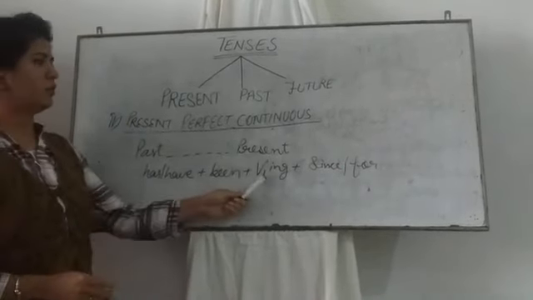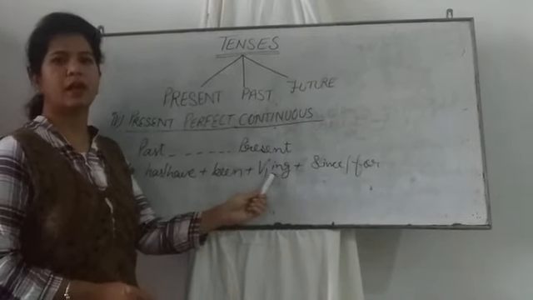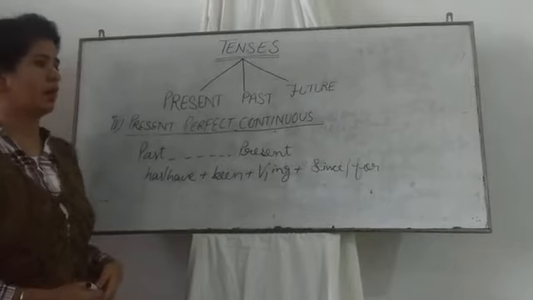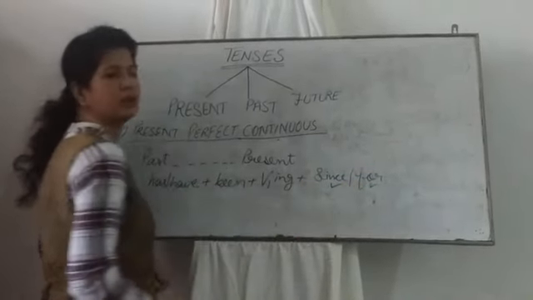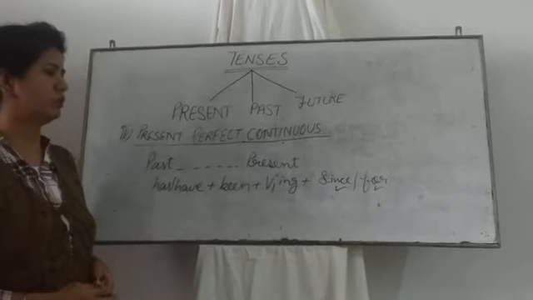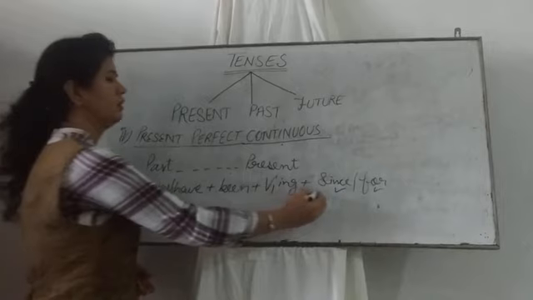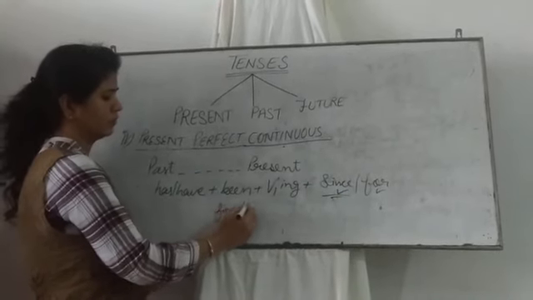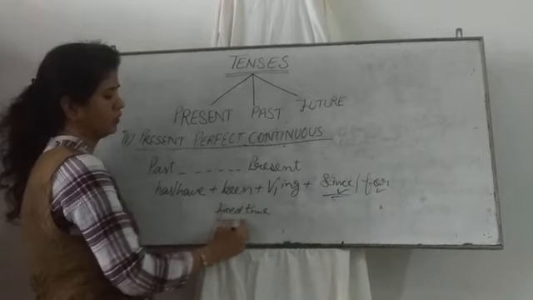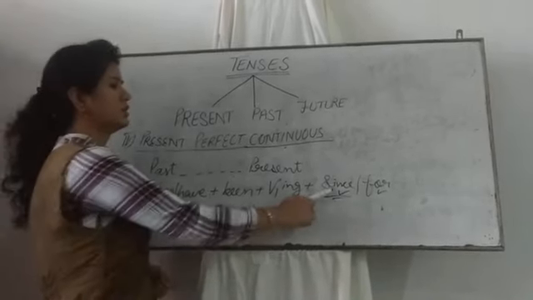I told you before that wherever you see the word continuous, you will apply the verb's first form and ing. And let's talk about since and for. Where should we use since and where to use for? When there is a fixed time, in that case we use since.